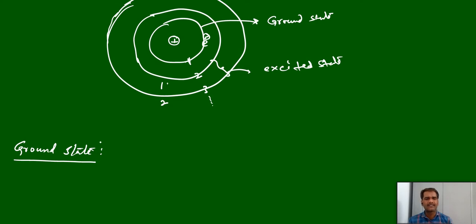So the lowest energy state we call the ground state. Among all shells, the first shell has the smallest amount of energy, so that is the ground state. How can we define it? The lowest energy state is called the ground state.